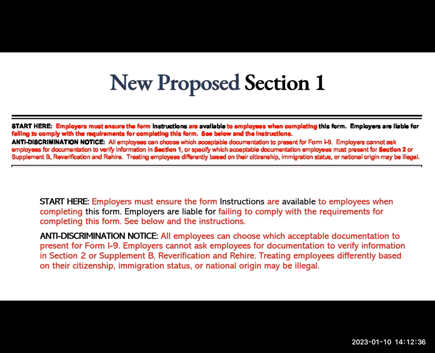Employers must ensure the form instructions are available to employees when completing this form. Failing to comply with the requirements for completing the form, see below the instructions, so employers are liable. All employees can choose which acceptable document to present. So as you look at the form and the slides, these are the things that we have to pay more attention to. All right, next slide.